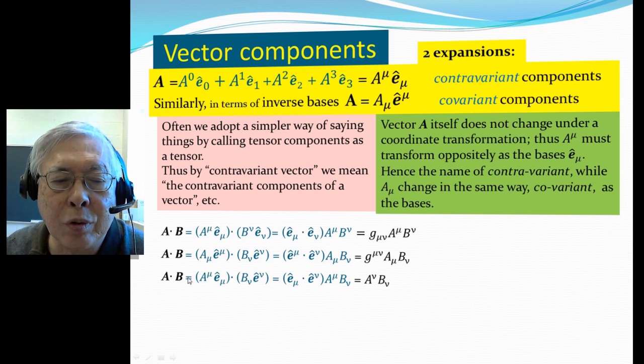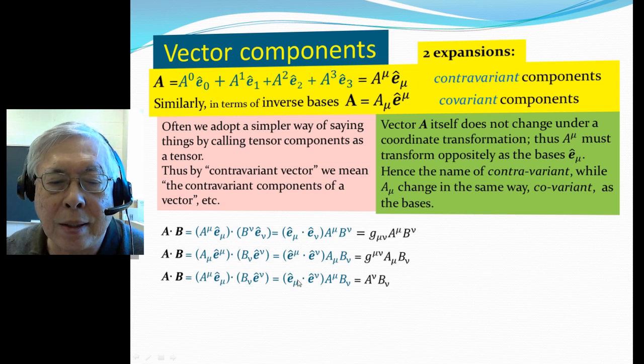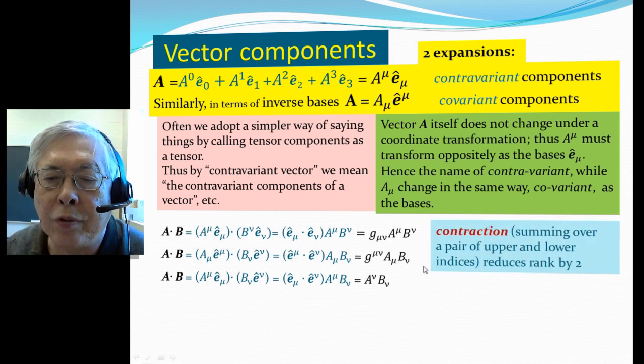Of course, you can expand one in terms of contravariant and the other in terms of covariant. Then the bases just cancel each other to give 1. So the nice thing is that if you write in terms of covariant and contravariant, there's no metric that needs to come in, and so the scalar product is A^nu multiplied by B_nu, with nu of course summed over.